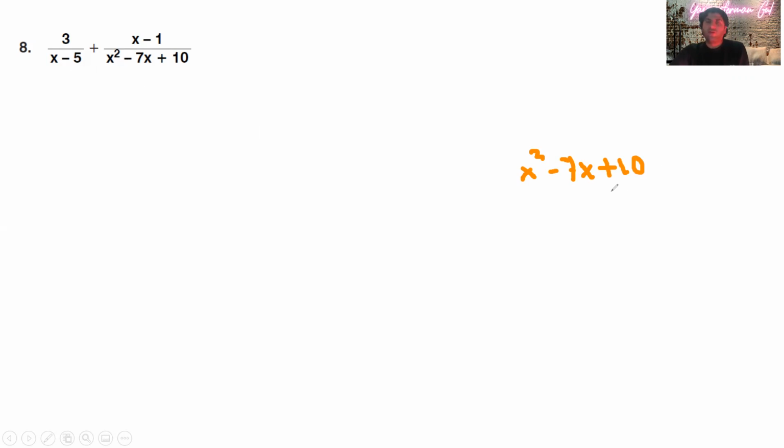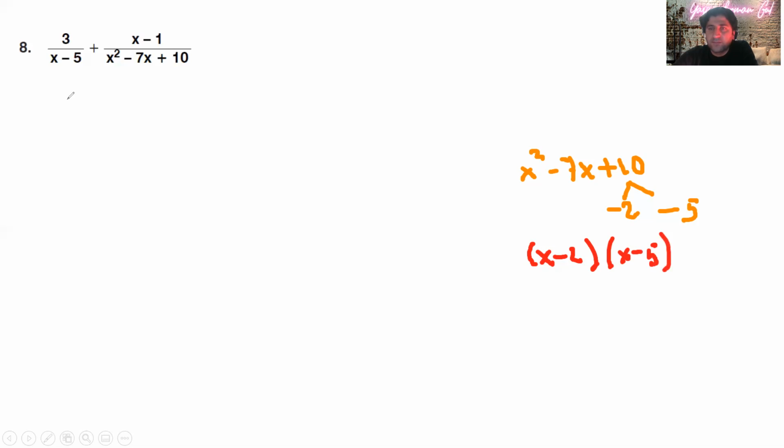This equals to, guys, you see I need to look for, remember the trinomial rule, 2 factors of 10, and when I add them together they must give me negative 7, and they are negative 2 and negative 5, because negative 2 times negative 5 is positive 10, negative 2 plus negative 5 is negative 7, and that's what I'm looking for. But remember, when we're writing the trinomials, guys, we write them with x, so it's going to be x minus 2 times x minus 5, right?